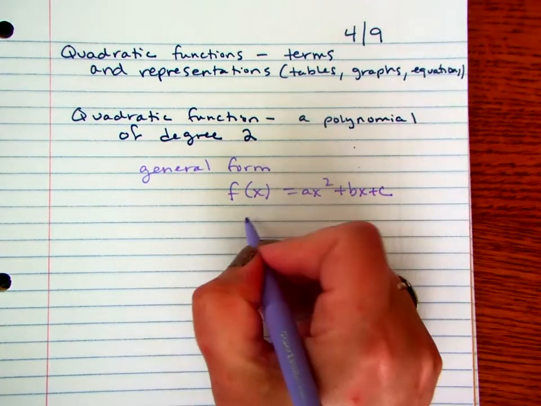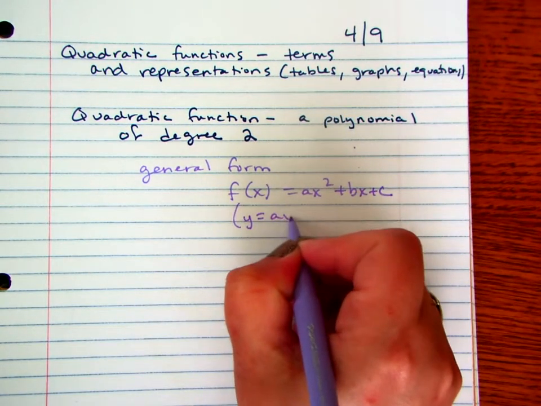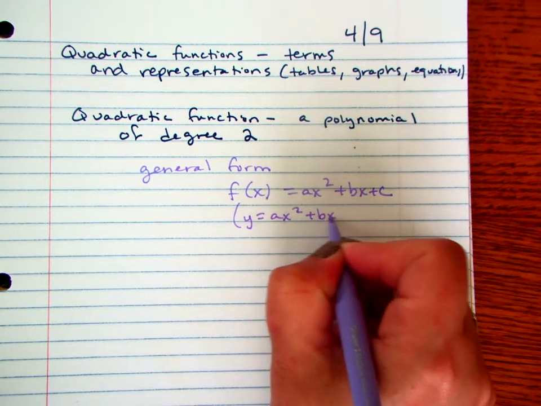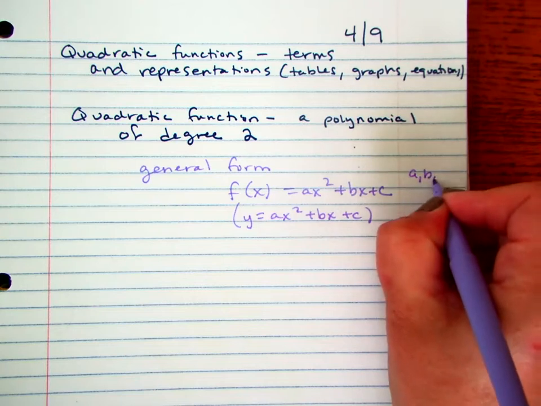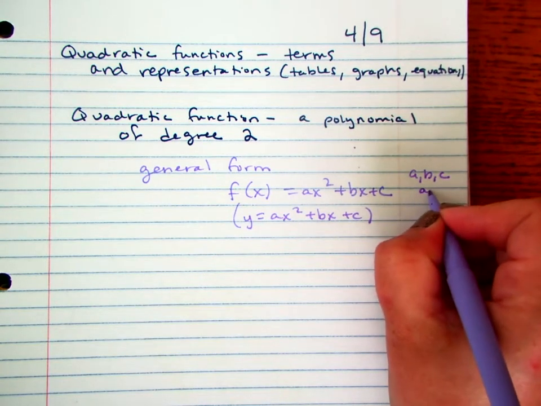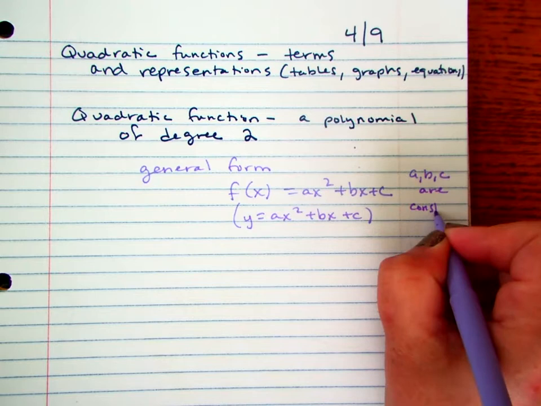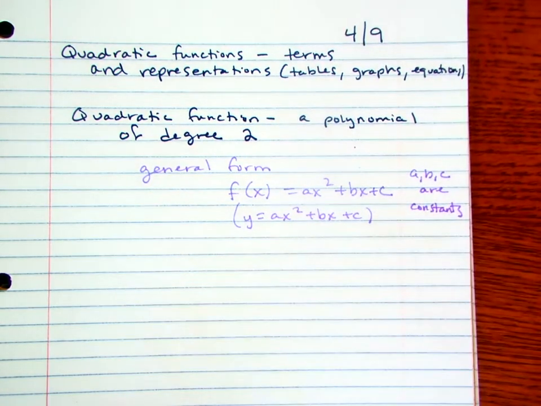Or you could say, if you wanted, y equals ax squared plus bx plus c. And a, b, and c are constants in this formula. So that's the general form of a quadratic equation.